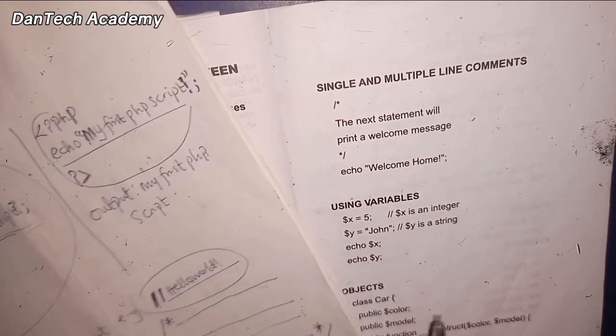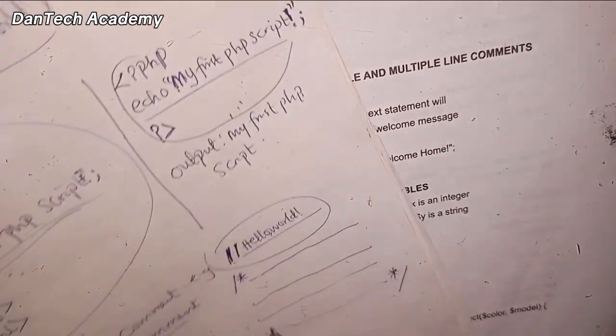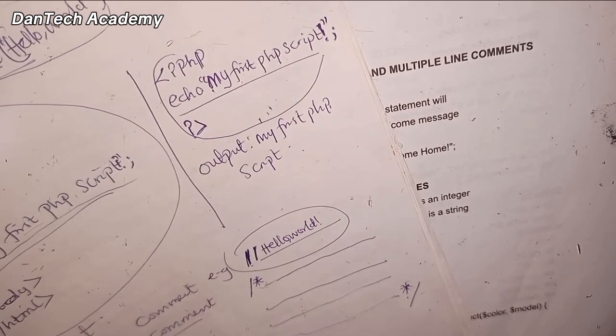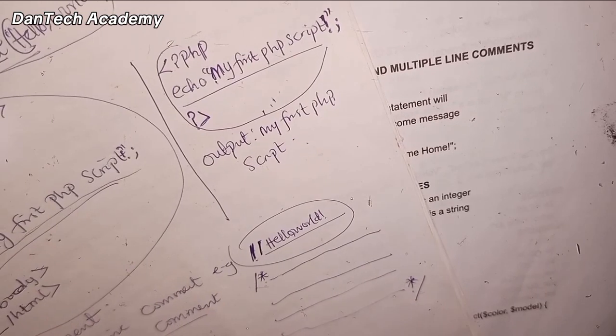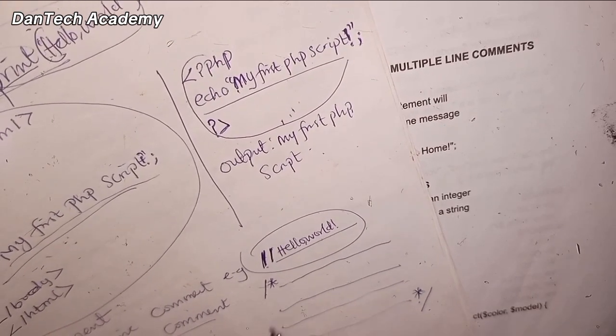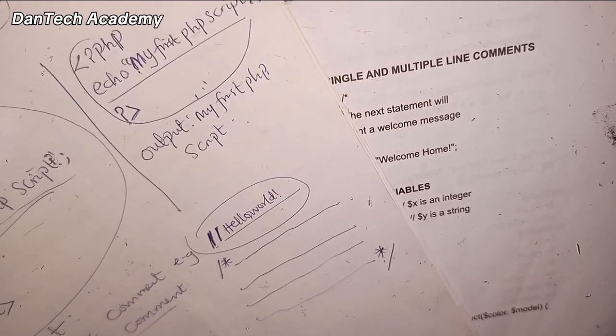So you put it as a comment and use the comment tag. Once you use the comment tag, you are the only one seeing it from your own IDE. As a developer, you are the only one seeing it. People checking that website won't see all these comments you are writing.